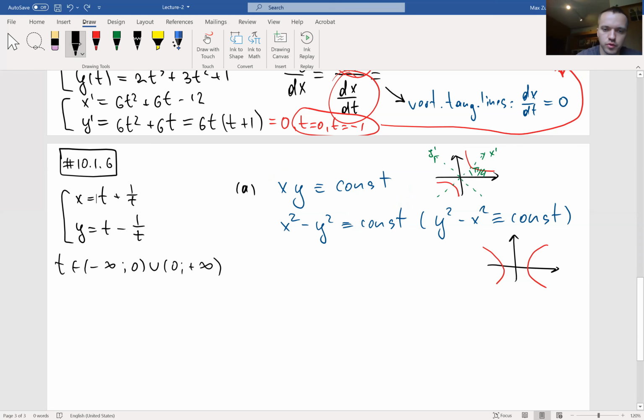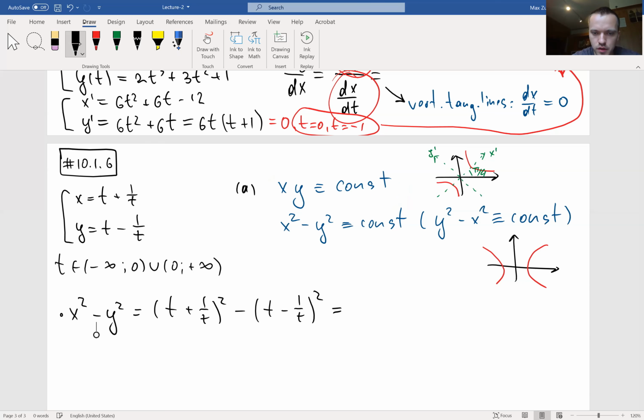So for the second equation, I'm going to have x squared minus y squared is equal to (t plus 1 over t) squared minus (t minus 1 over t) squared is equal to. The first is going to be t squared plus 2 times t times 1 over t plus 1 over t squared.